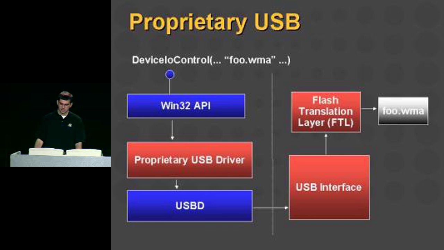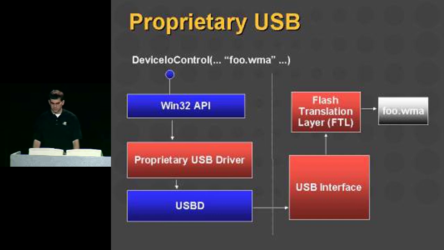But the point is that what's showing up over here is not a driver that plugs into the file system stack the way a normal drive would. So if you plug this kind of device in, you won't see a drive letter, and it won't appear to be files to the operating system. And what this vendor has done is just surface some proprietary I/O control codes that the application can call and use to make the file go out.